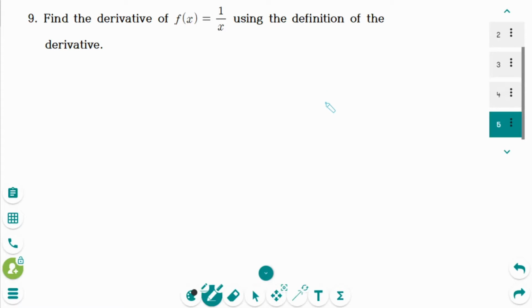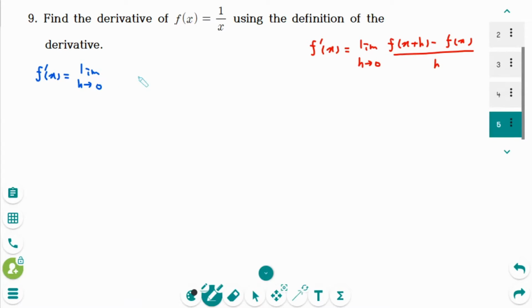Number 9, the definition of the derivative is f prime of x equals the limit as h approaches 0, f of x plus h minus f of x over h. f prime of x equals the limit as h approaches 0, 1 over x plus h minus 1 over x, over h, times the common multiple x times x plus h over x times x plus h on each side.